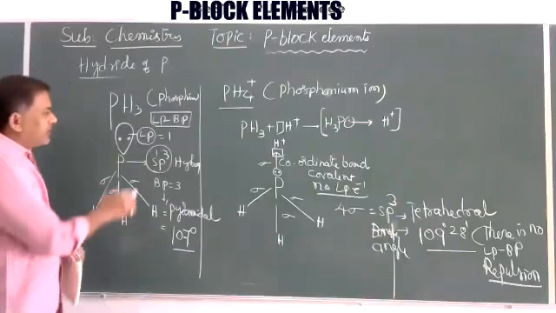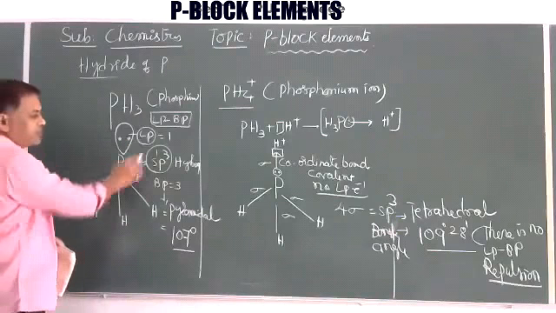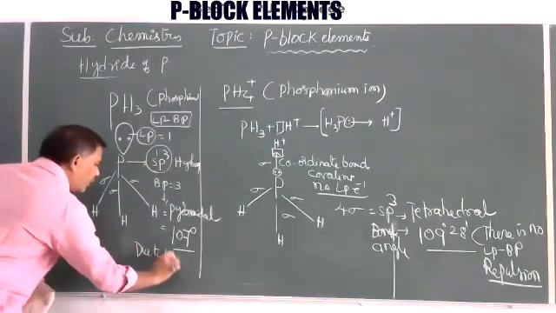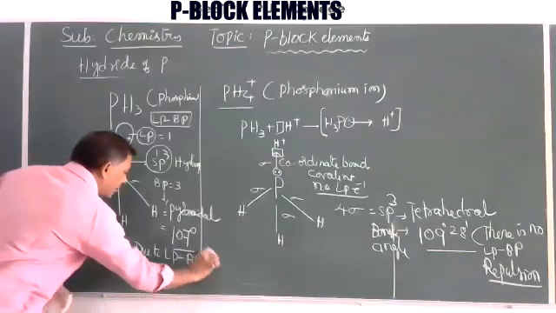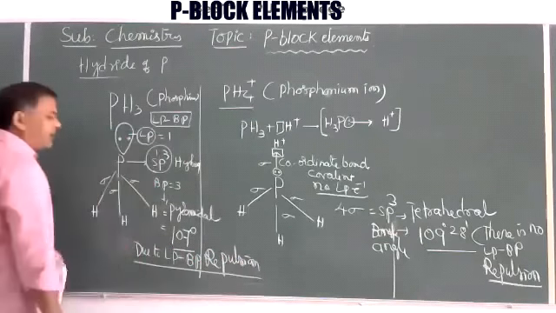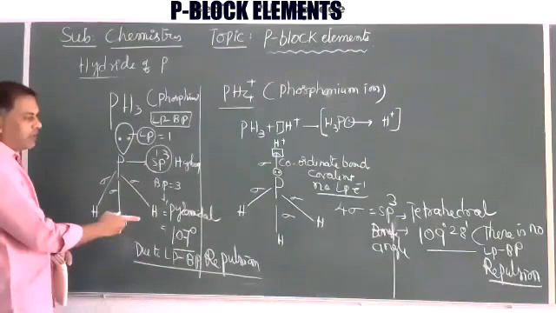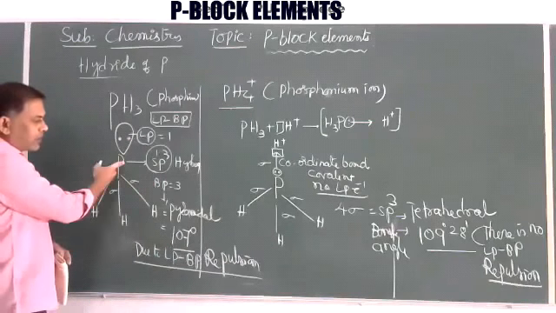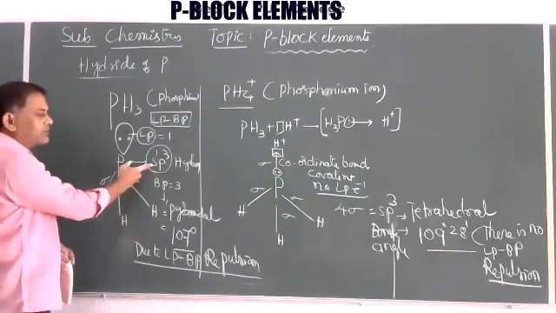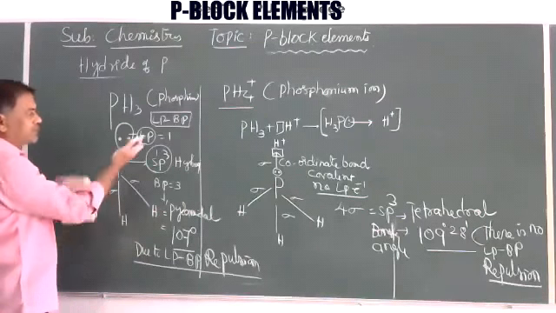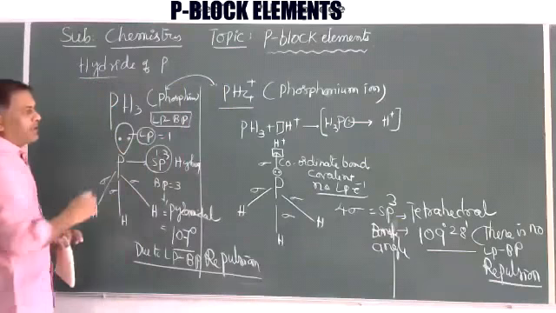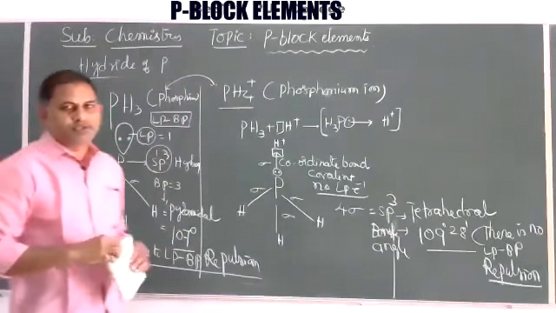The reason is that in phosphine, due to lone pair and bond pair repulsions, the bond angle reduces from 109 degrees to 107 even though it undergoes sp3 hybridization, and the geometry changes from tetrahedral to pyramidal. So they will ask you to compare these two, phosphine and phosphonium ion, very, very important.